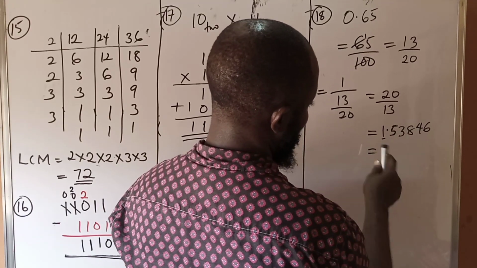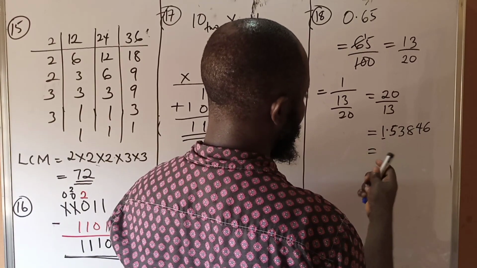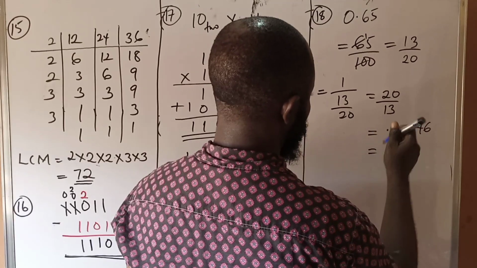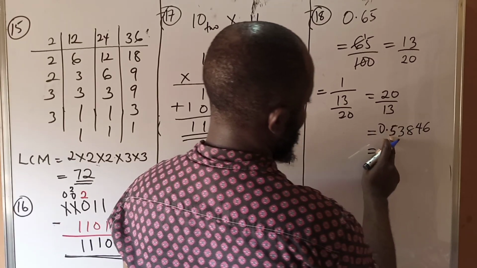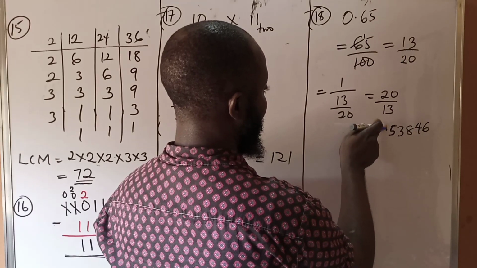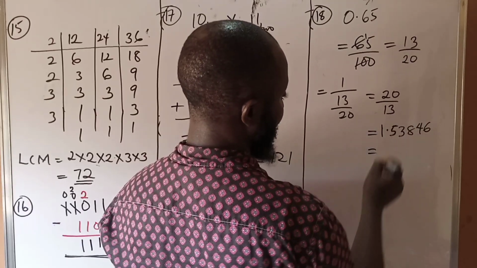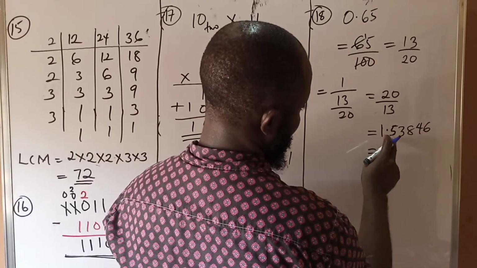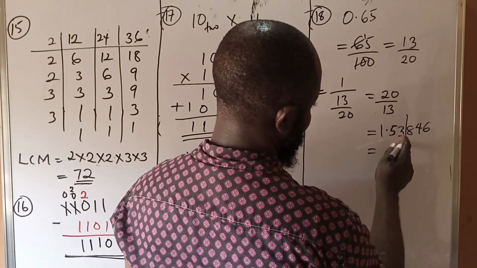No, you start from the first non-zero digit. If what you have is 0, your first significant figure will be 5. But in this case, 1 is significant, so this is the first one, second one, third one. So we're stopping at this.